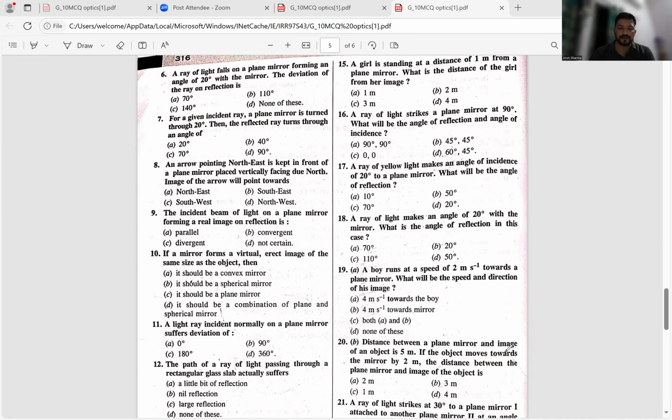If the object moves toward the mirror by 2 meter, the distance between the plane mirror and the image is?